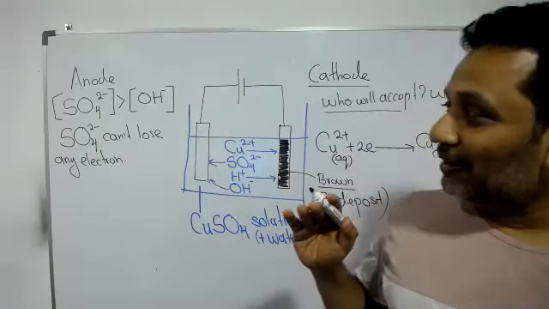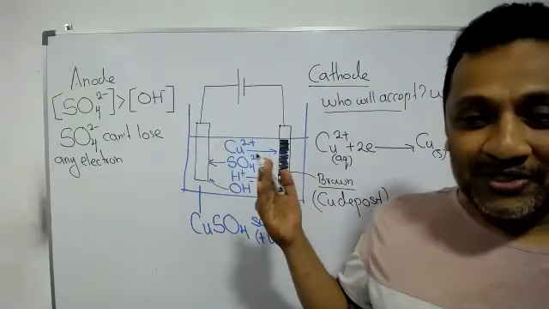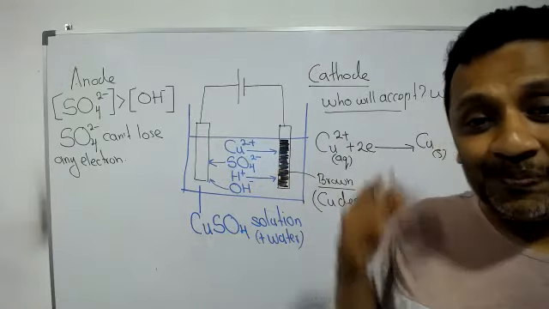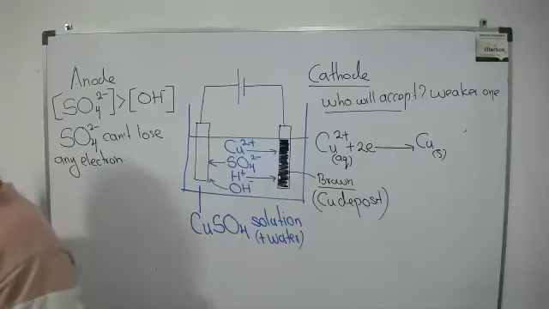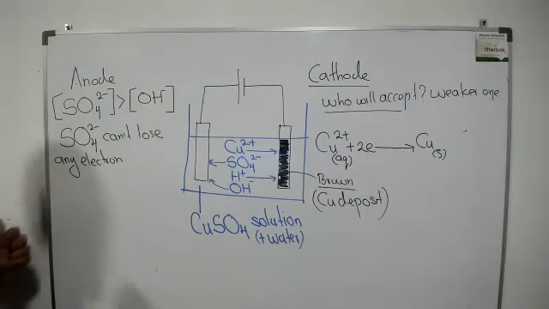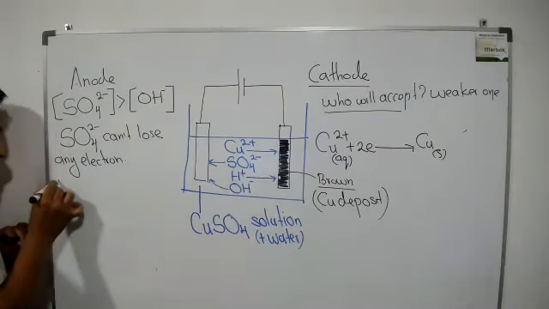Automatically, now the electron losing chance goes to whom? OH minus.